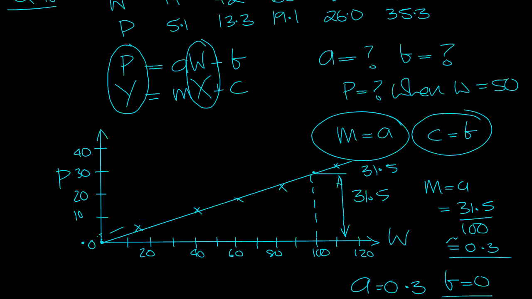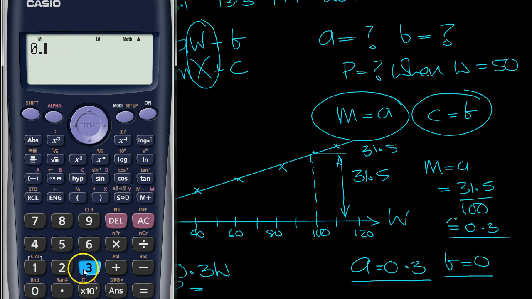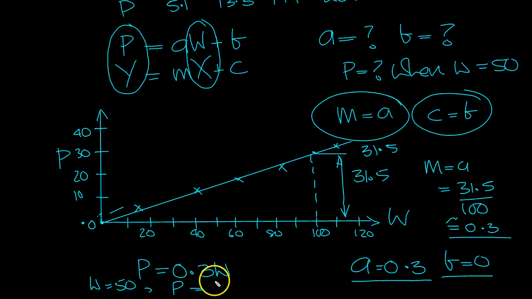So the rule then, P equals AW, P equals 0.3 times W plus 0, and when W equals 50, P would equal 0.3 times 50 is 15, 0.3 times 50, 15, that's the power required to lift the load.